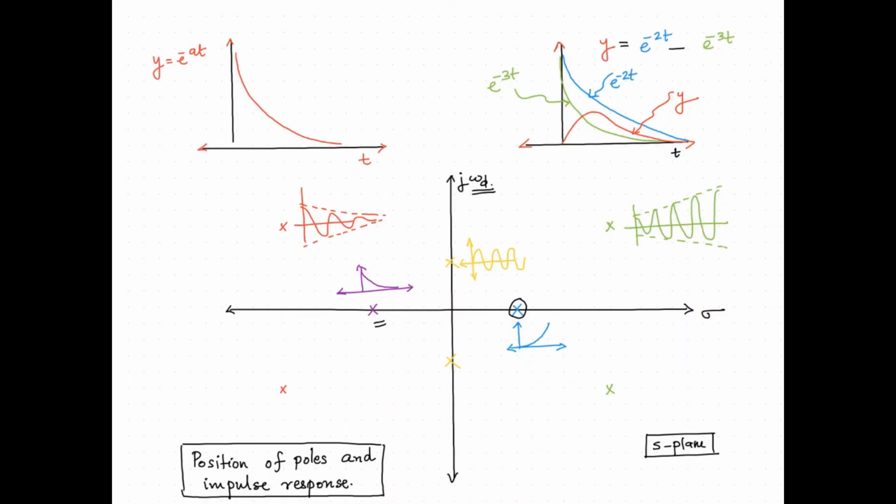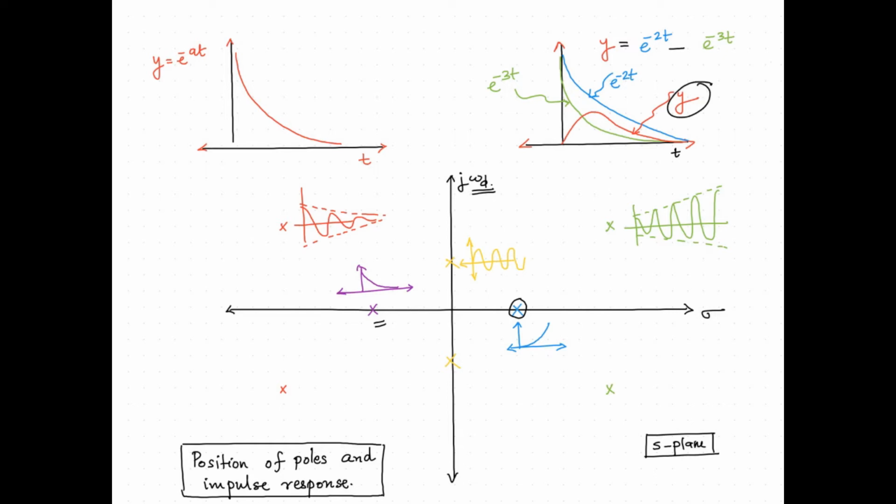Here we consider some function representations. Let us start with y is equal to e raised to minus at, which is an exponentially decreasing function. The response in the previous slide was y is equal to e raised to minus 2t minus e raised to minus 3t. It is plotted in the figure and we can see that y is a decaying function.